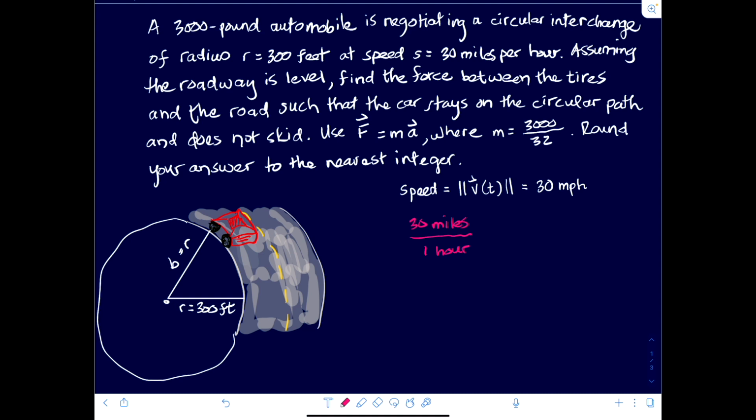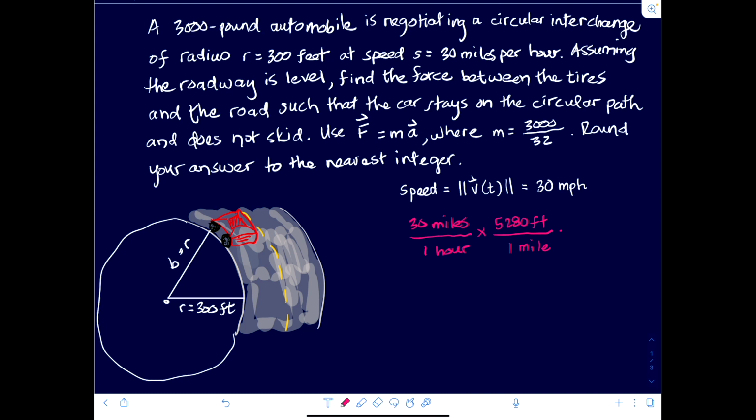So we want to get rid of miles, and so how many feet are in 1 mile? Good, 5,280 feet per 1 mile. And then how many seconds are in 1 hour? Well, there's 60 minutes in an hour and 60 seconds in a minute.